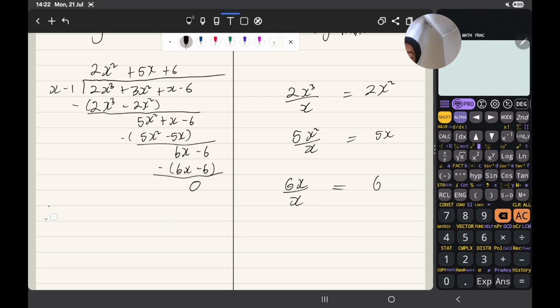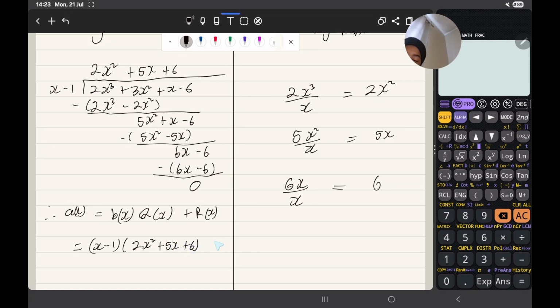So you then say, therefore a of x, which is this long expression, is going to be b of x, which is x minus 1, times this quotient, 2x squared plus 5x plus 6, plus the remainder, which is 0.